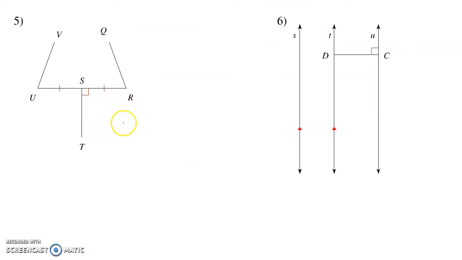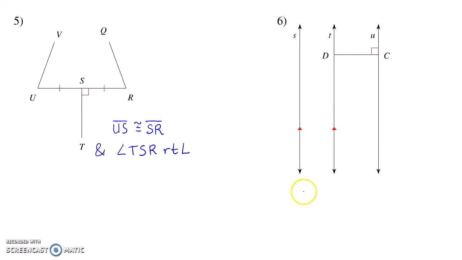In number 5, we are given that segment US is congruent to segment SR and angle TSR is a right angle.